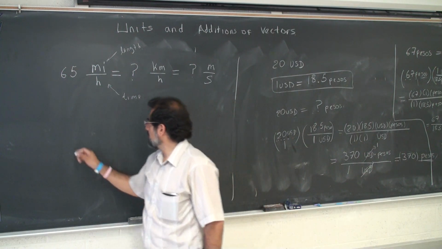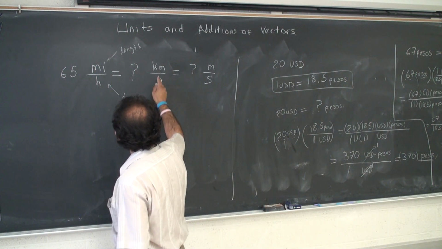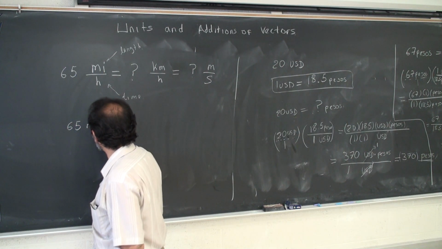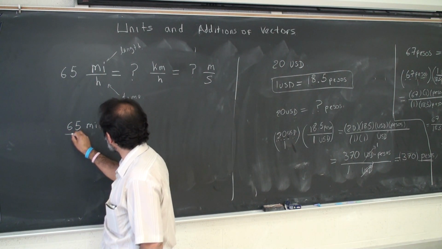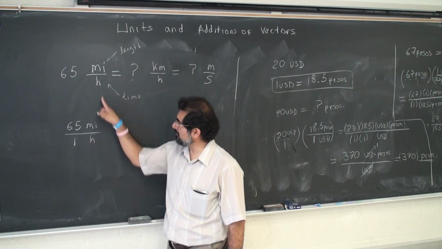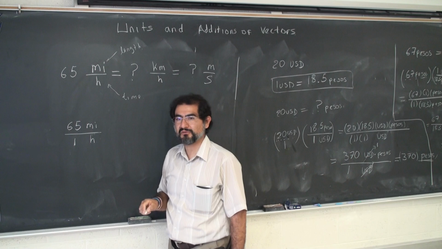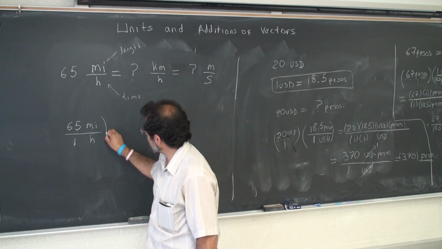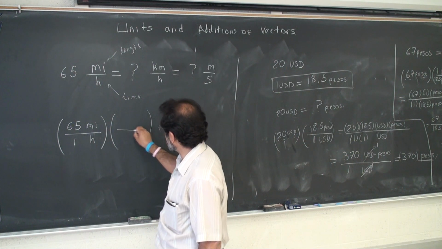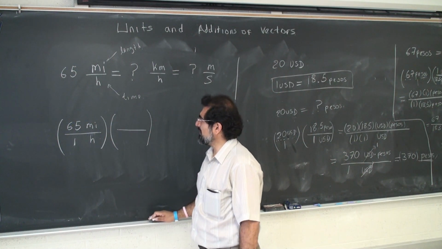In order to make the first transformation, for example, 65 miles an hour, we can extend this hour. Remember that we have one number 1 associated to the number, and make the transformation. What is the equivalence statement?